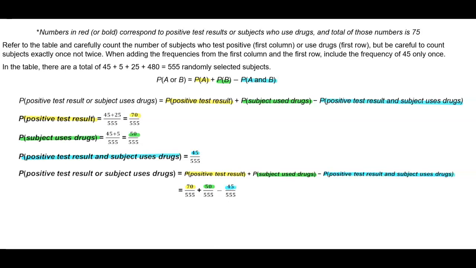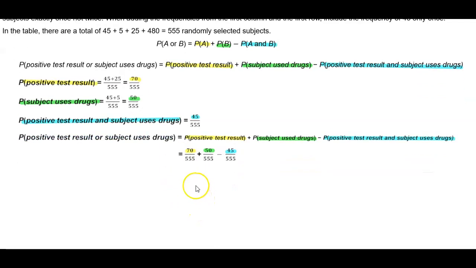So now we have a common denominator. With the common denominator, we can say 70 plus 50. Once we add that, we get 120, minus 45 gives us 75 over 555.